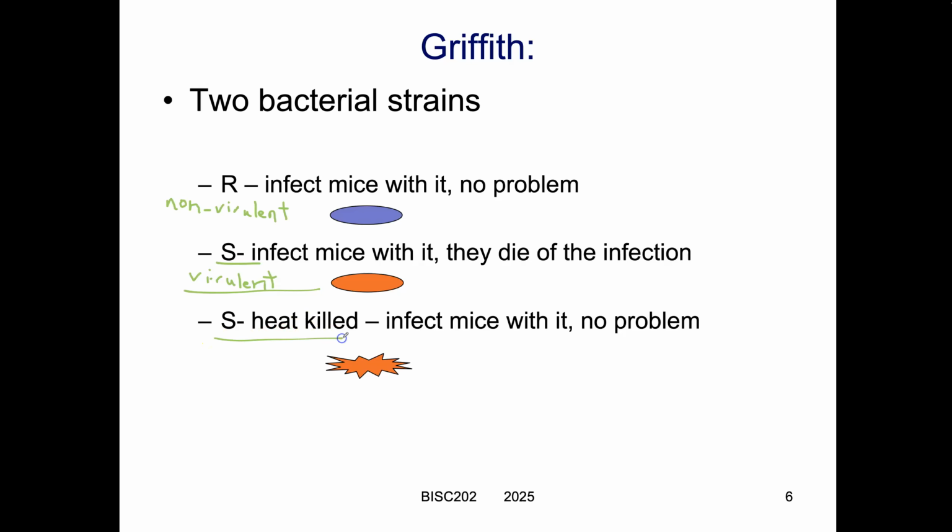But it turned out if you heat killed the bacterial strain S, so you boil it, you kill all the cells, and they break apart, and if you infect mice with the broken up material, they also will survive, right? So by heat killing the S strain bacteria, you created a mix of materials that was not virulent anymore.